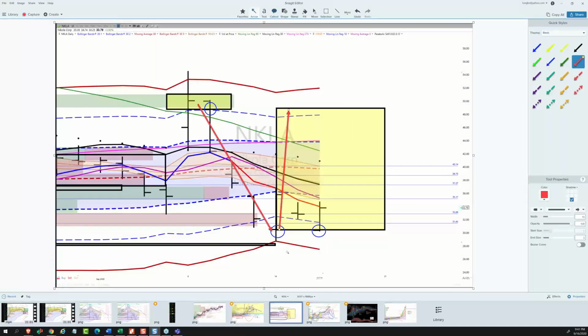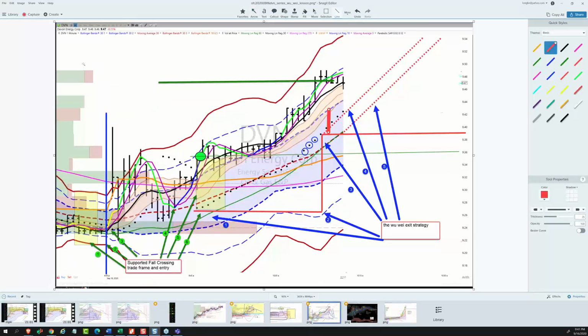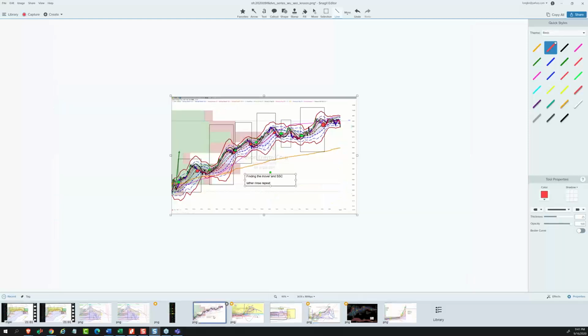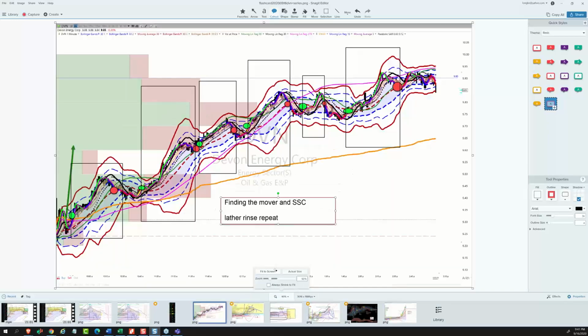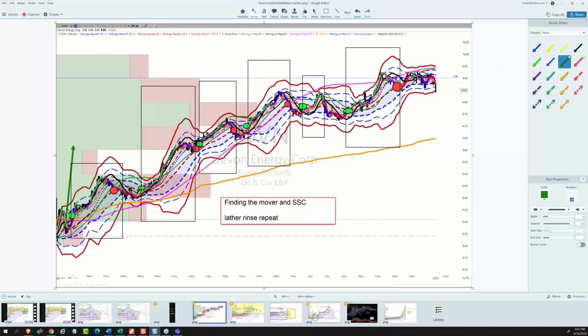I showed you what this looked like during the day, the initial entry. So that was Devon Energy and the initial trade. Devon Energy did nothing but work all day. So this is that first trade, getting that entry when it crossed the VWAP right in there.